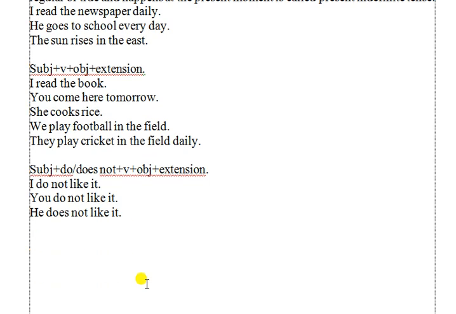Here, do not is used with all types of subjects, like first person and second person singular number and all types of plural numbers, and does not is used only with third person singular number. He is here, third person singular number, so does not is used here. I, first person singular number, so do not is used here. You do not like it. You, second person singular number, so do not is used in this sentence.